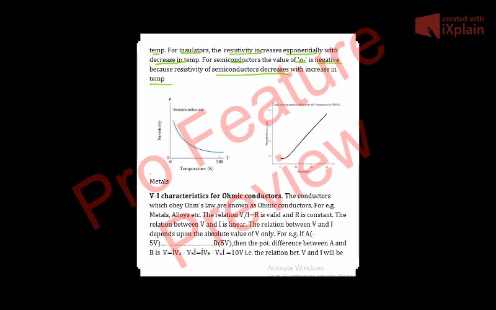The variation of resistivity with temperature is shown in the below two graphs. For semiconductors, you can see that resistivity decreases as we increase the temperature, and for metals, when we increase the temperature, the resistivity also increases.